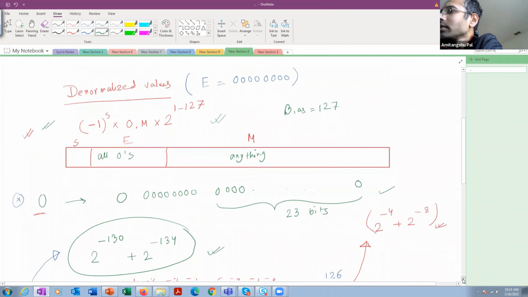Here you can go up to the order of 2^plus or minus 1000. That means this 64-bit representation will give you more precision.